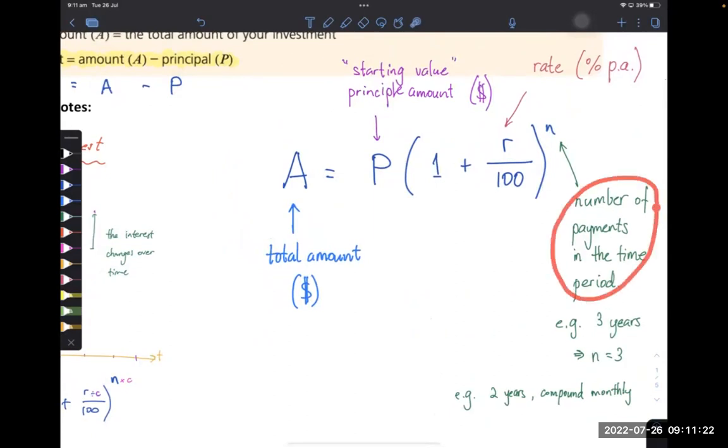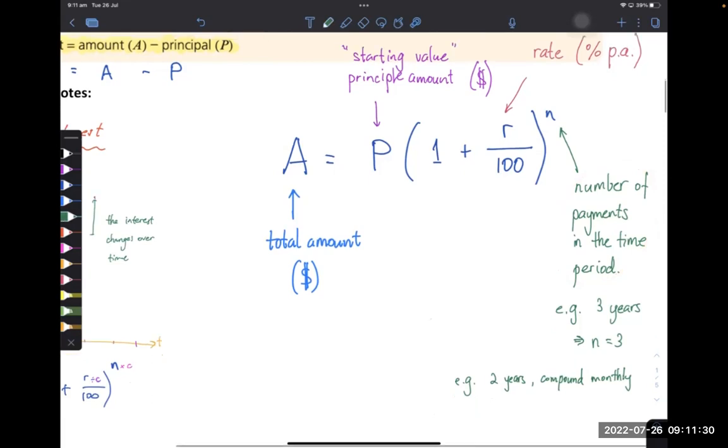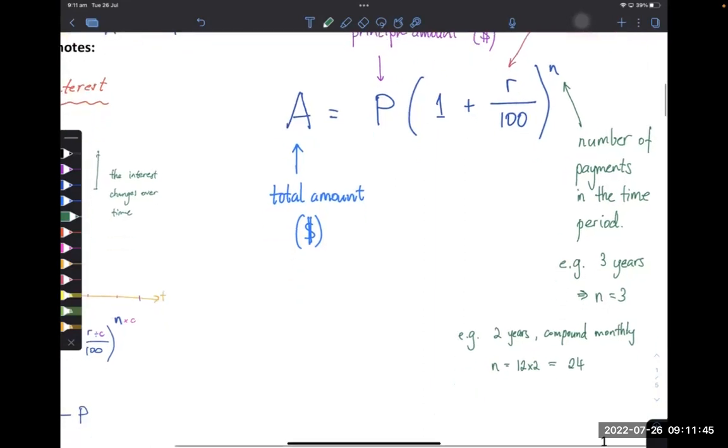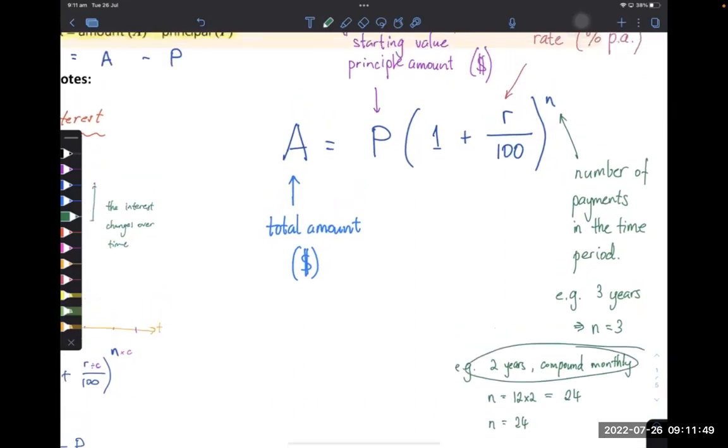How many payments would you have across the 2 years if you get paid out every month? Or if it snowballs every month? Yep, so if it's monthly, then that means there's 12 months in a year. So over 2 years, it will be 12 times 2. And that will be a total of 24. So here, your N value will be 24. Does that make sense?